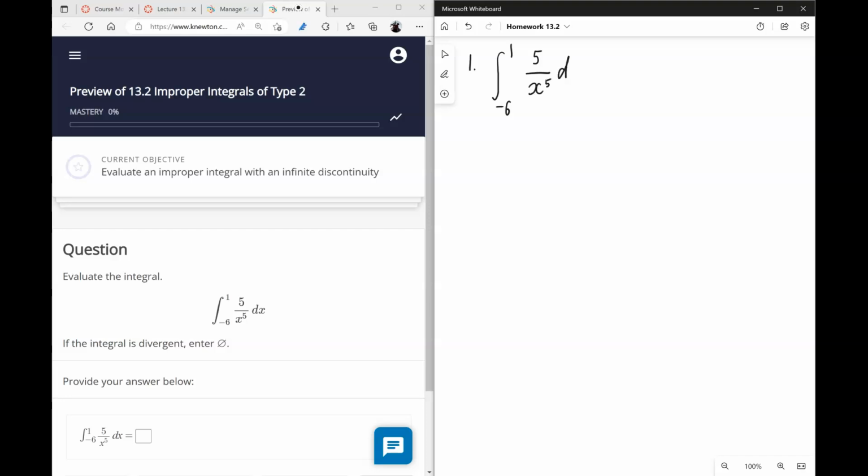So here we have a rational function, and it is very easy to see that the function is not defined at 0. That means we are going to have to split the integral at 0 using the subdivision property of integrals.